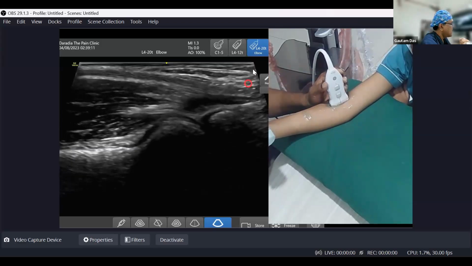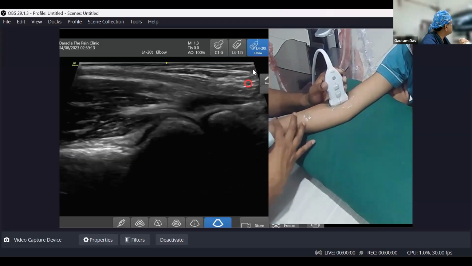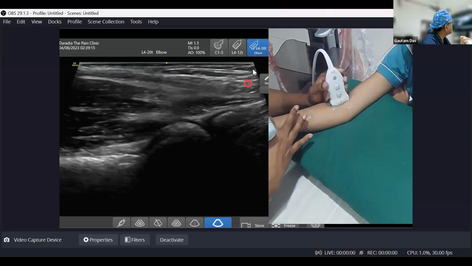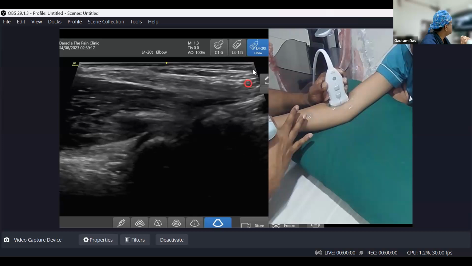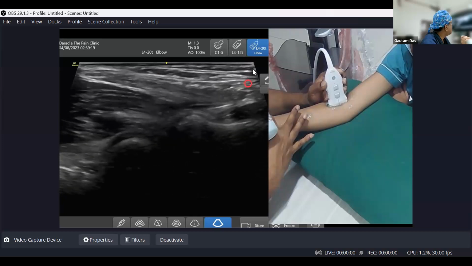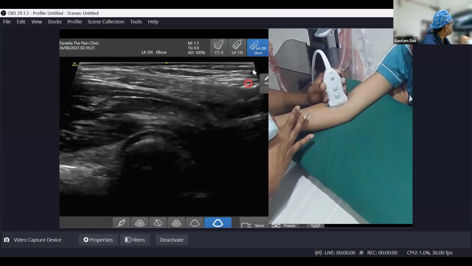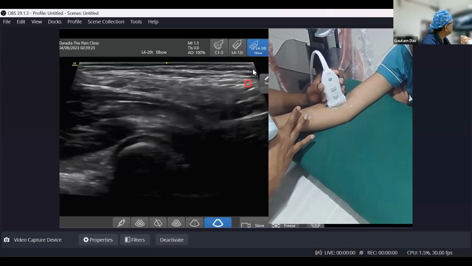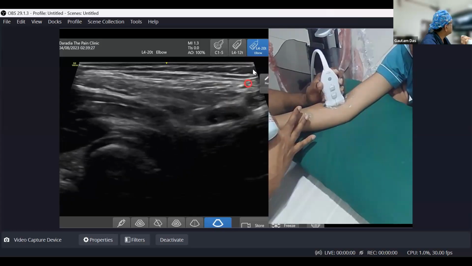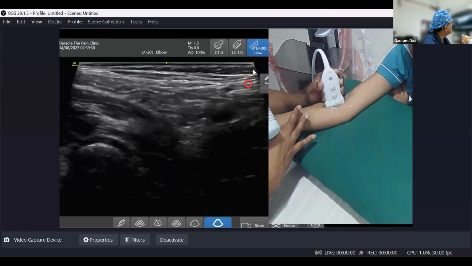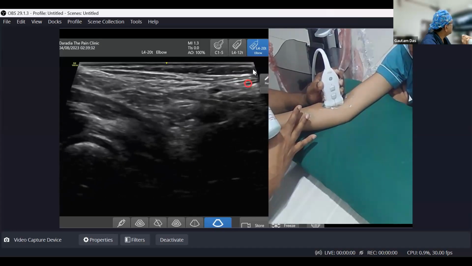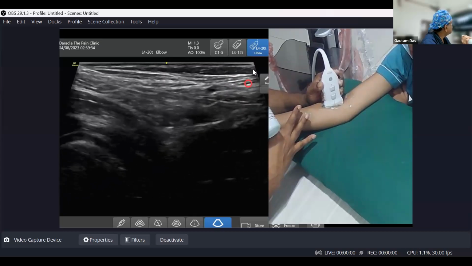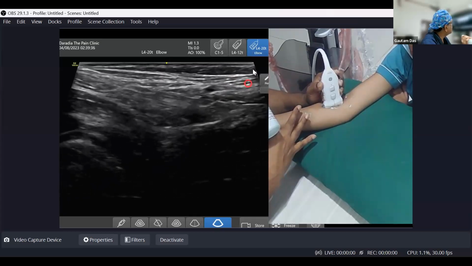What is the heel-toe maneuver? Distal end, I am pressing down. Distal end, I am pressing down. And I am lifting the other side. Okay, so you can see very nicely, it is getting attached there.